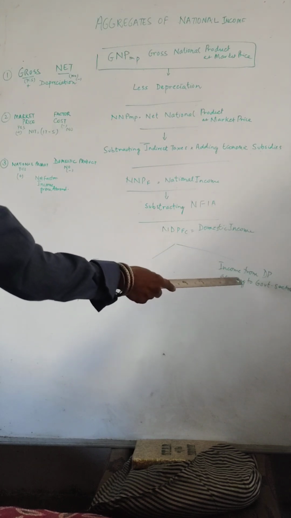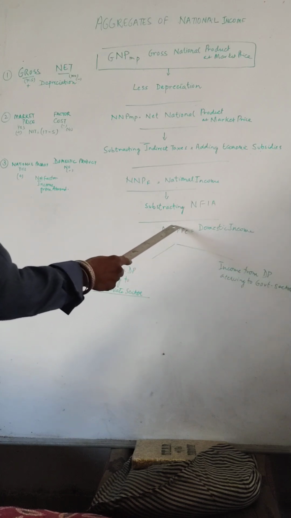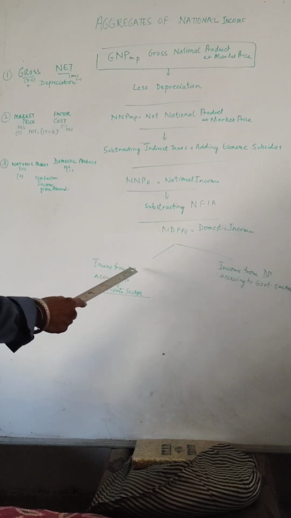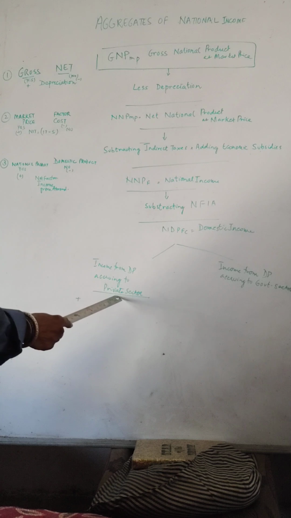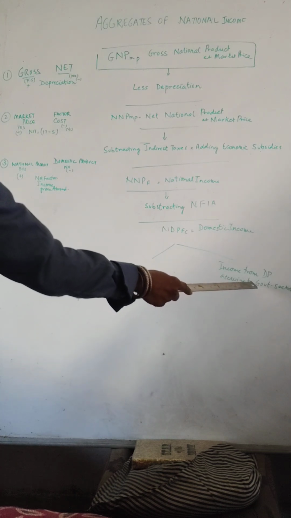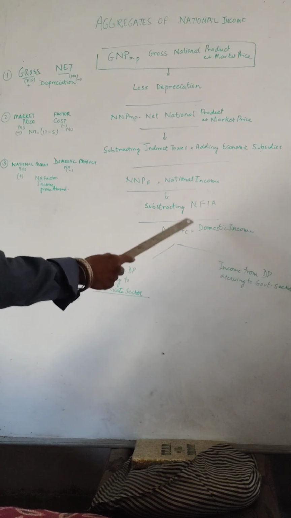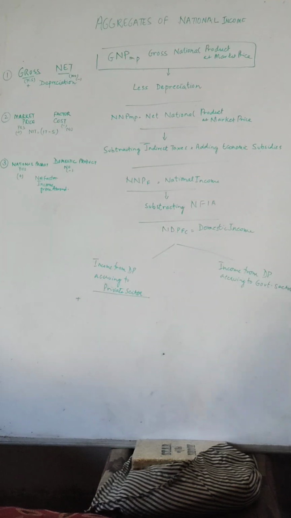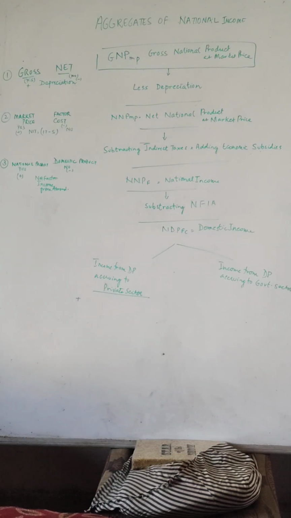This domestic product income is made up of income from domestic product accruing to the private sector and the income from domestic product accruing to the government sector. That becomes net domestic product at factor cost. I hope you've understood this.